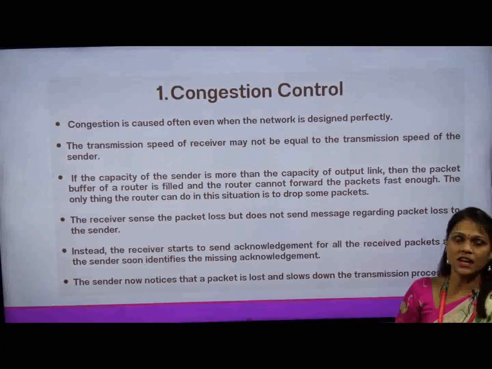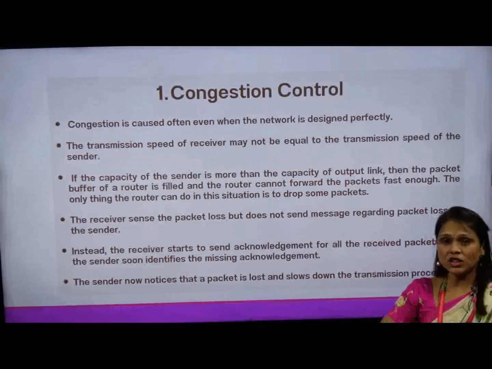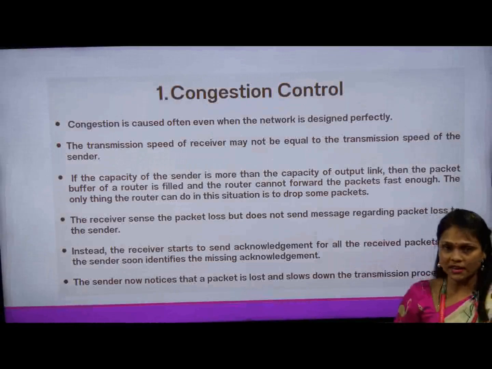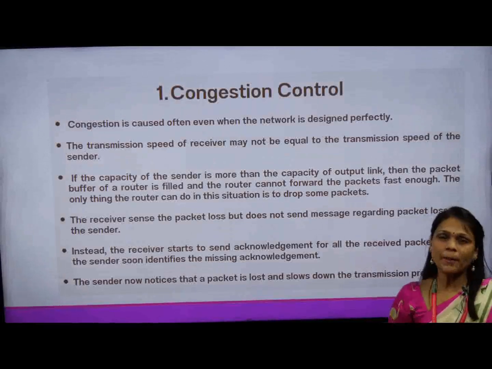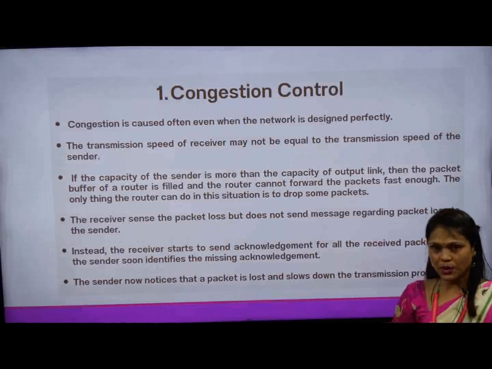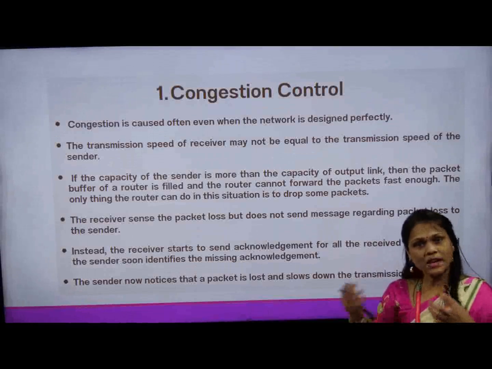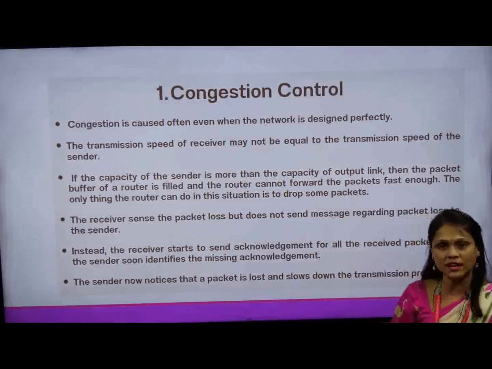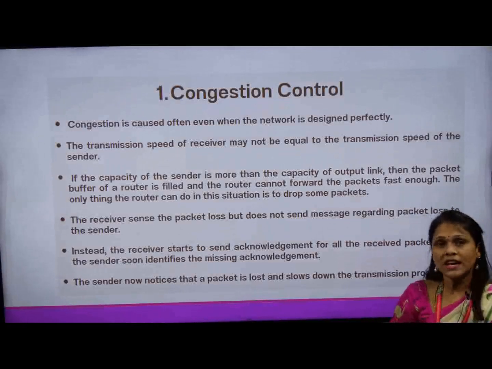We are saying the network is designed perfectly, so it is not an issue of the network. But when the sender is sending the data, the sender also needs to know how much data to send and what the capacity of the receiver is to receive it. Based on that, the sender needs to divide the packets and send them.